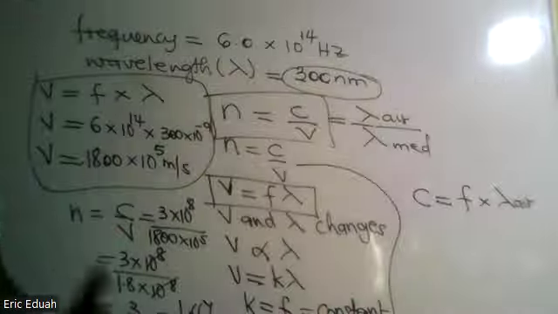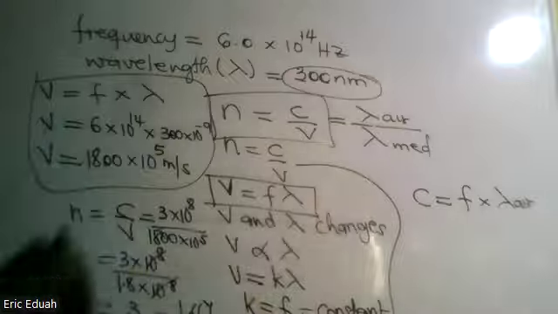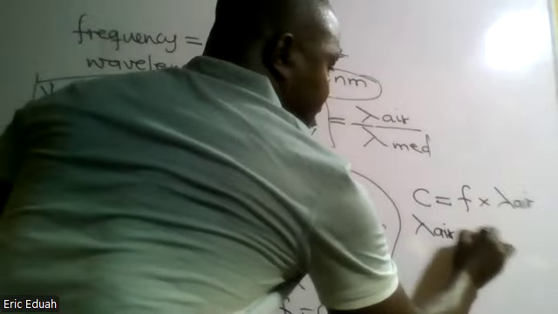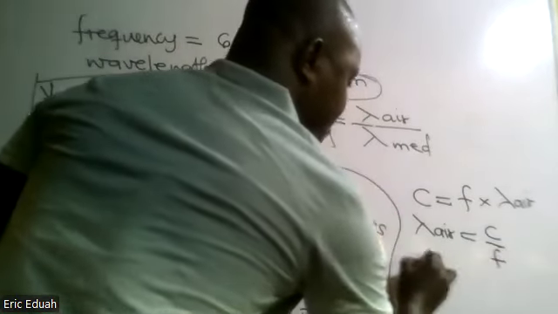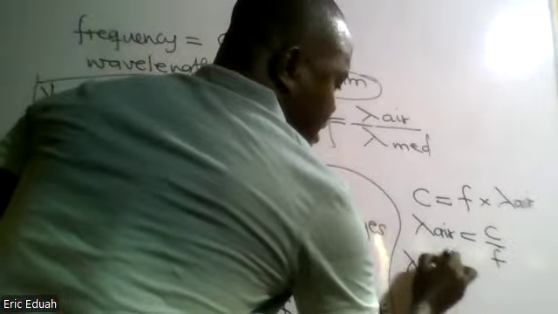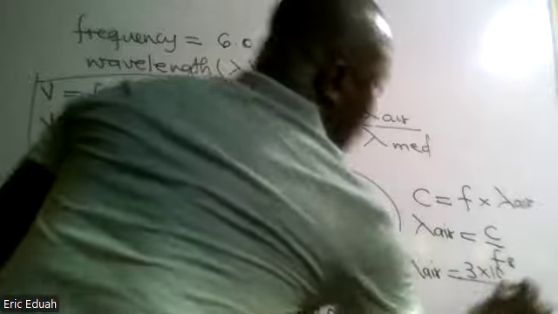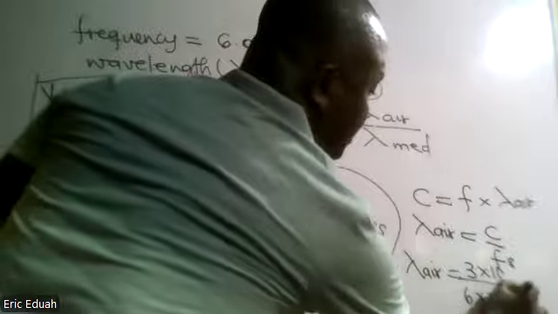Frequency of light does not change from one medium into another, so this is constant. Therefore, lambda in air is equal to c over f, and we have 3 times 10 to the power 8 over 6 times 10 to the power 14.